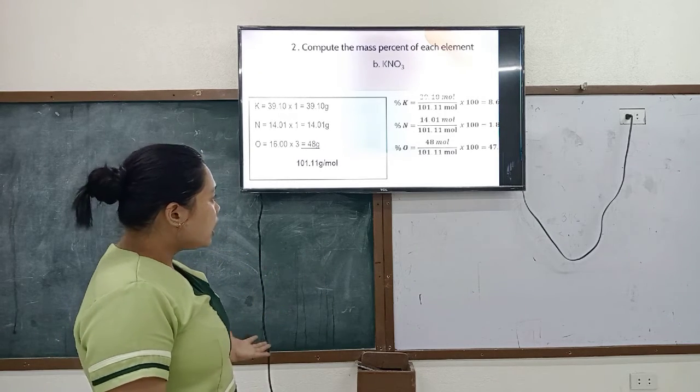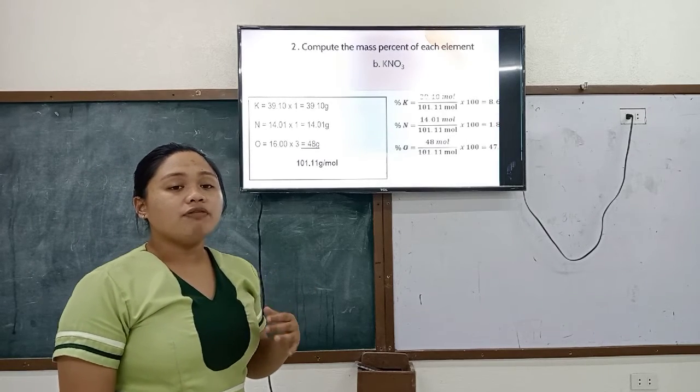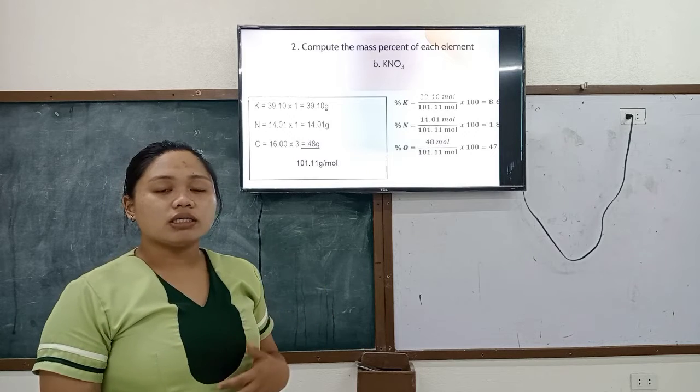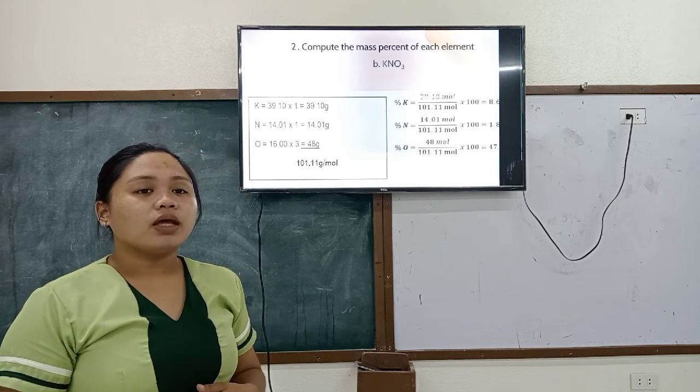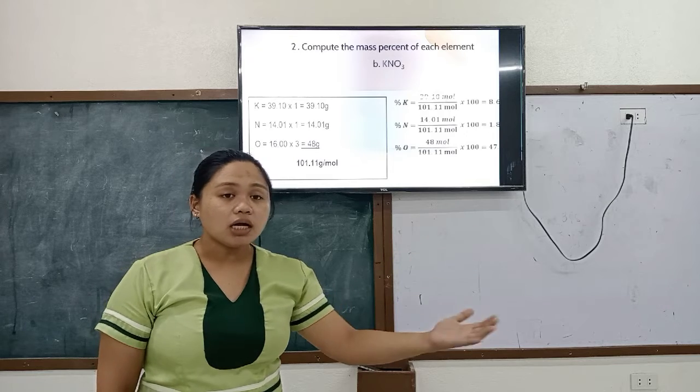And for our oxygen, it is 48 over 101.11 times 100 equals 47.47%. Okay, any questions? Do we have the same answer?